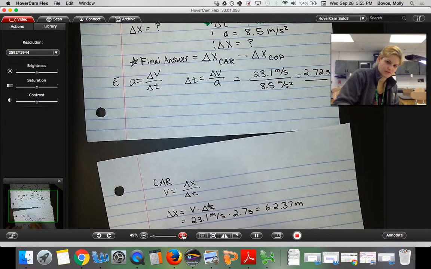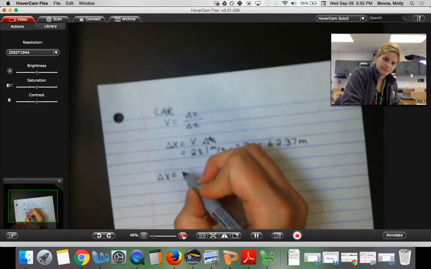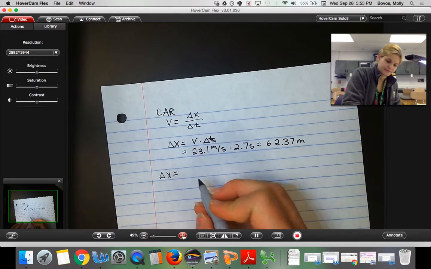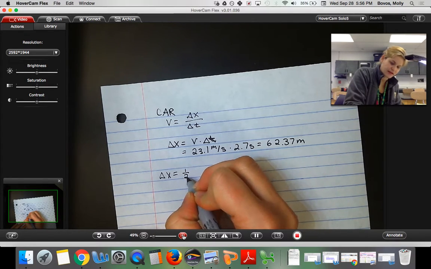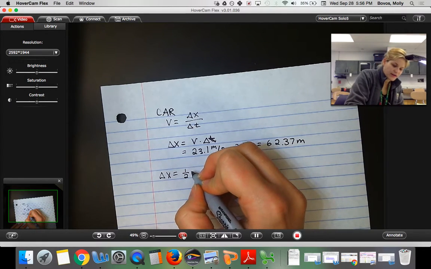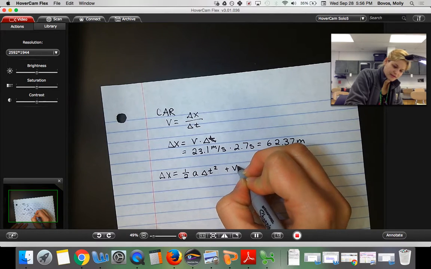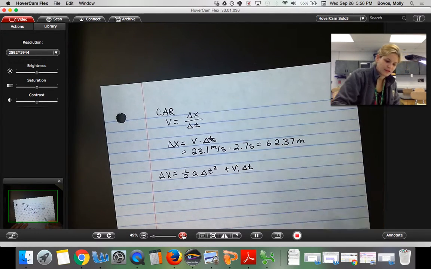Delta x is equal to, let me move this so that you can actually see what I'm writing. Delta x is 1/2 times acceleration times my time squared plus my initial velocity times time.